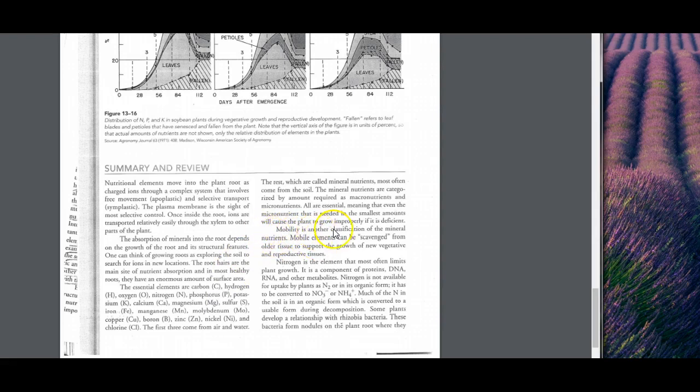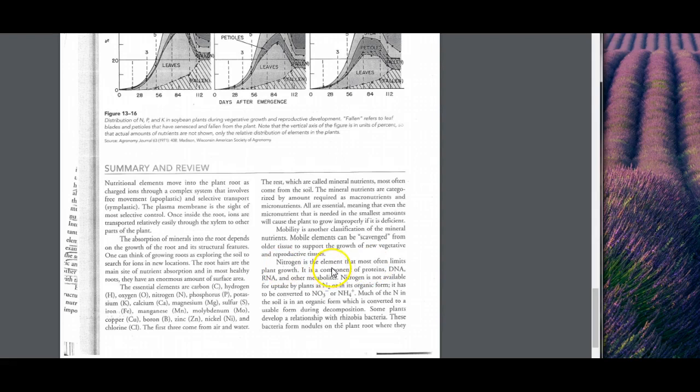So mobility is an important classification for our mineral nutrients. Mobile elements can be scavenged from our older tissue to support the growth of new vegetative and reproductive tissues. So this remobilization is a very important point to cover.